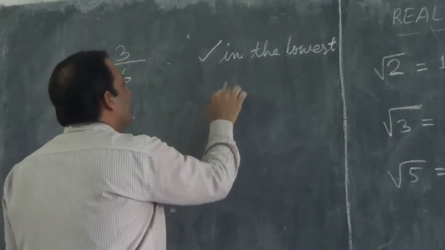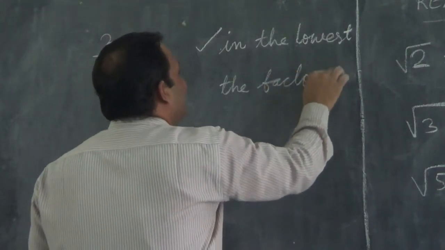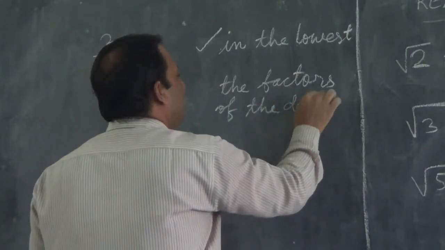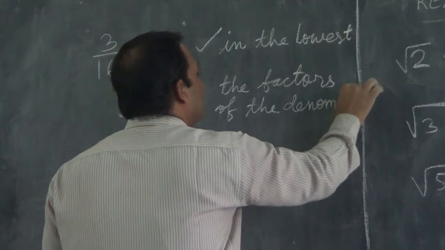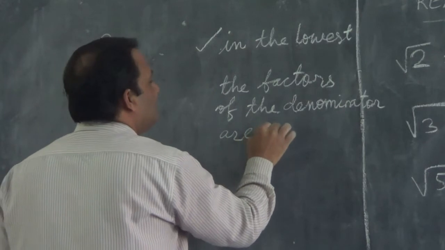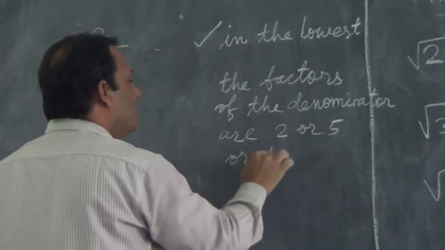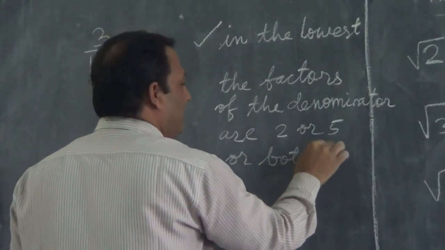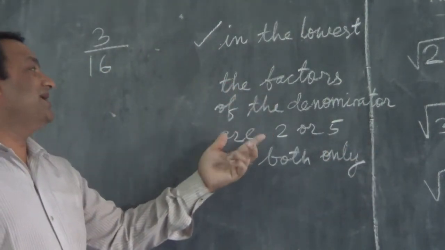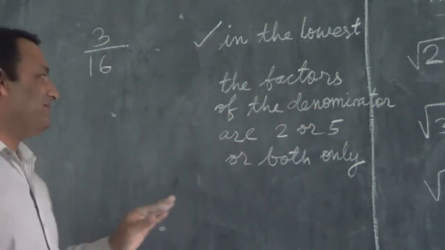Second condition, the factors of the denominator are 2 or 5 or both only.